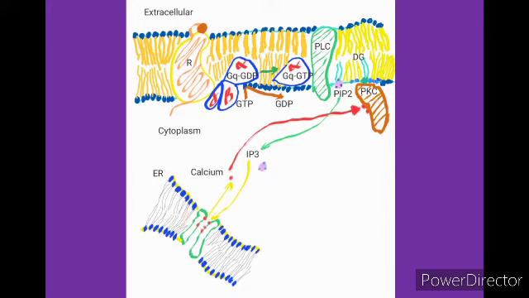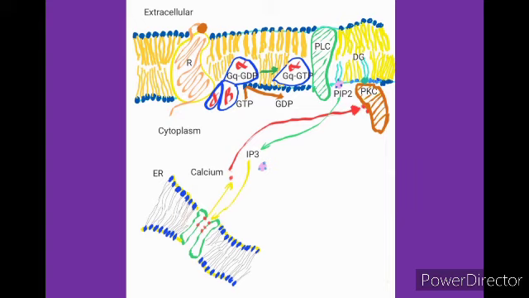One other thing happens. This has a slight twist to it, which is IP3 can go to the endoplasmic reticulum and bind to the ER. And its binding to the ER releases calcium from stores within the ER.